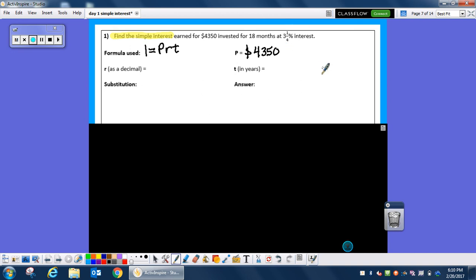R is your rate as a decimal, so 3.25% interest is represented like this, and then remember you move the decimal 2 places to the left. So our rate is going to be 0.0325. And then your T is time in years, so it's 18 months, so you're going to have to do 18 divided by 12, which simplifies to 3 over 2. So you could use 3 over 2 or 1.5.